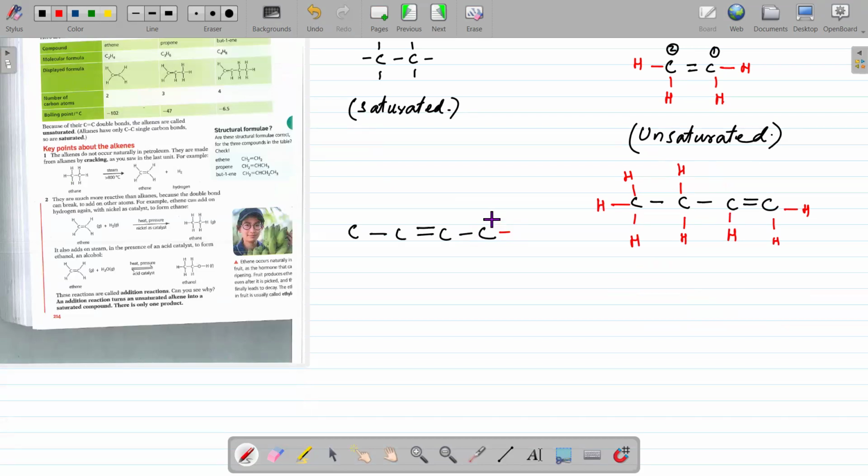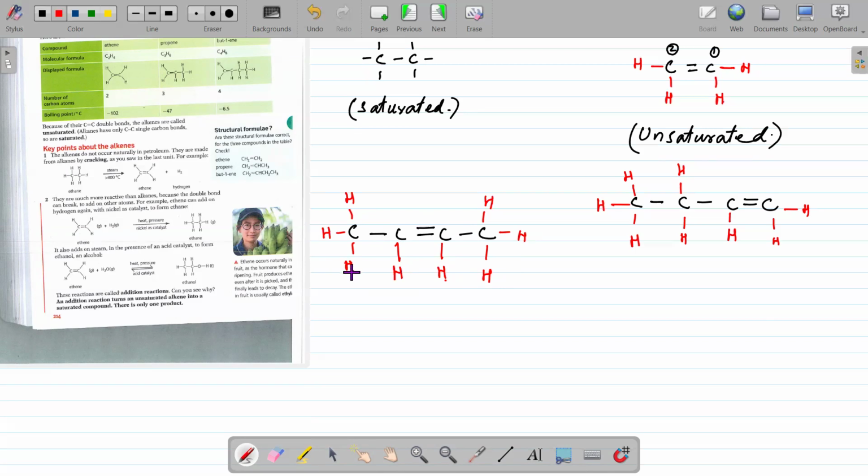One, 2, 3, and 4, so the 4 bonds of this carbon are satisfied. Now, this carbon has already made 1, 2, and 3 bonds, so one hydrogen here. This carbon has 1, 2, and 3, so one here. And this carbon has made only one bond yet, so 3 hydrogens with this one.